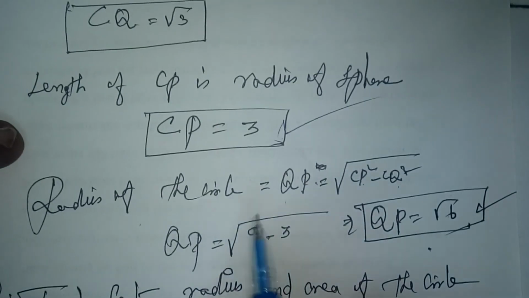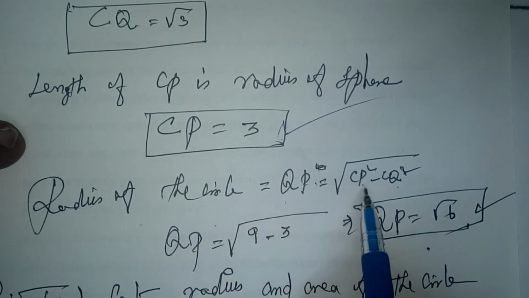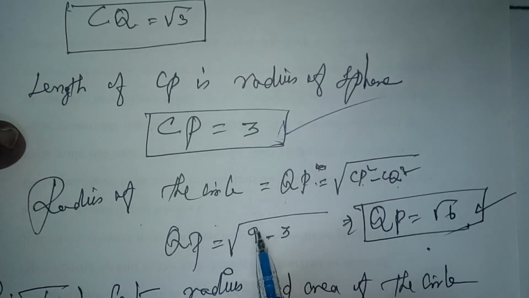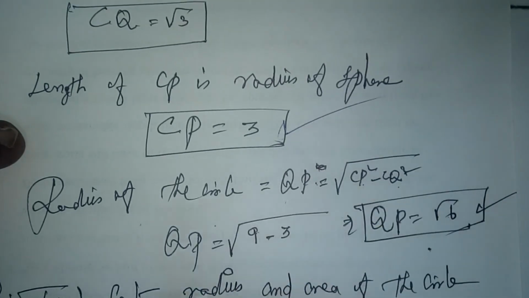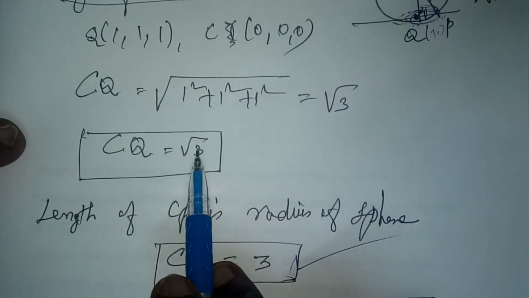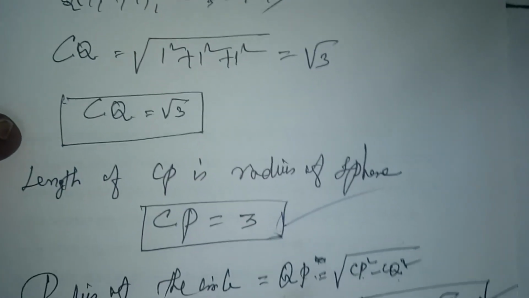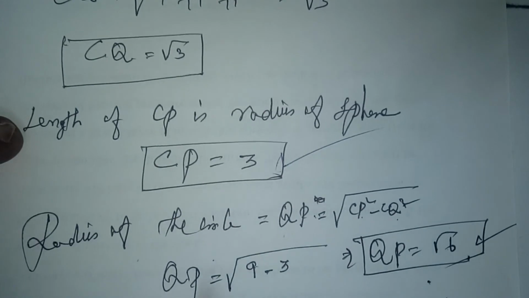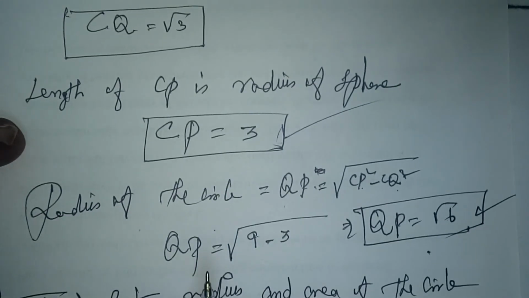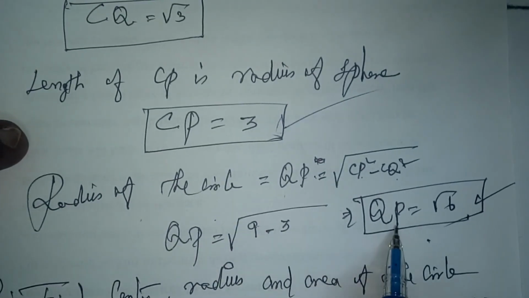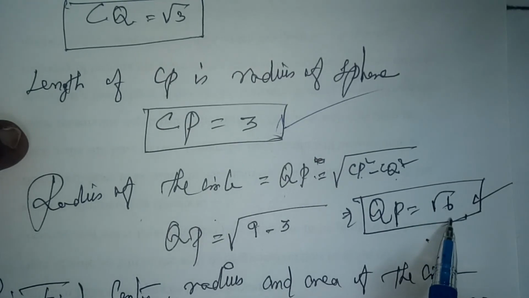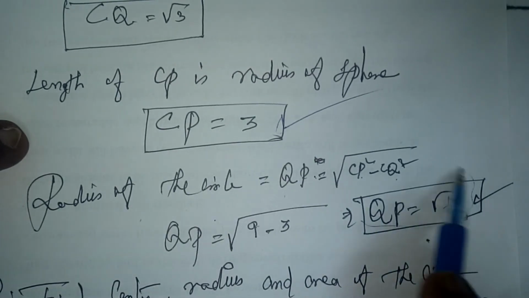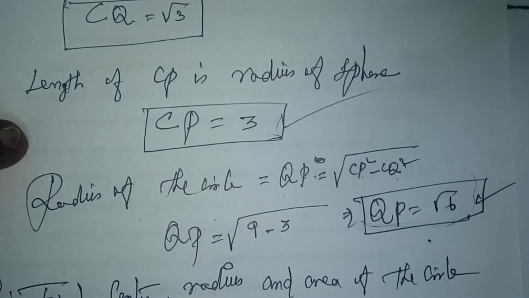CP square is 3 square, which is 9, and CQ is the square root of 3, whose square is 3. So the square root of 9 minus 3 gives QP equal to the square root of 6. So this is the radius of the required circle, and this is the answer for this problem.